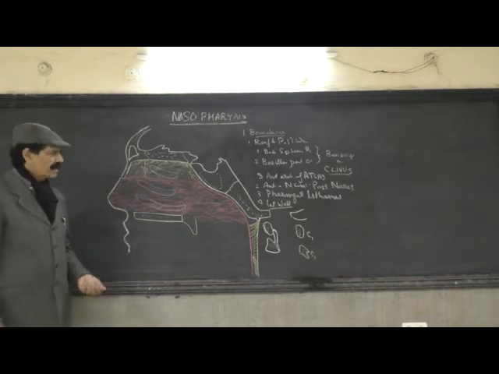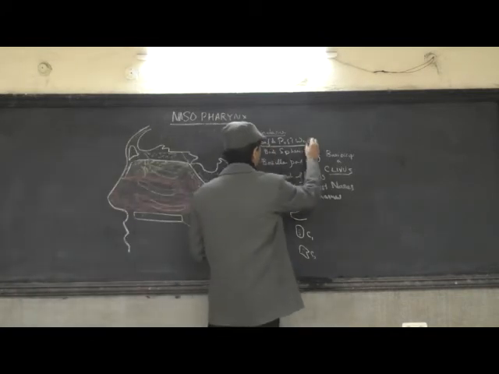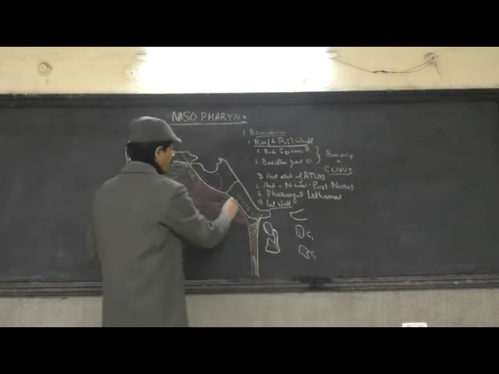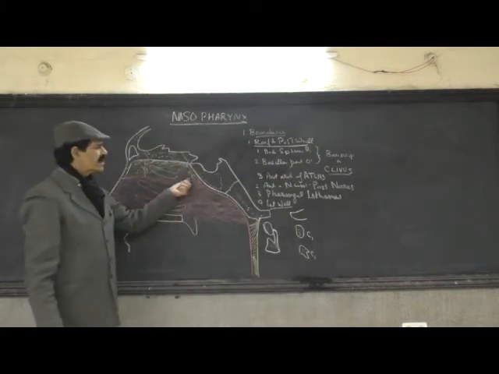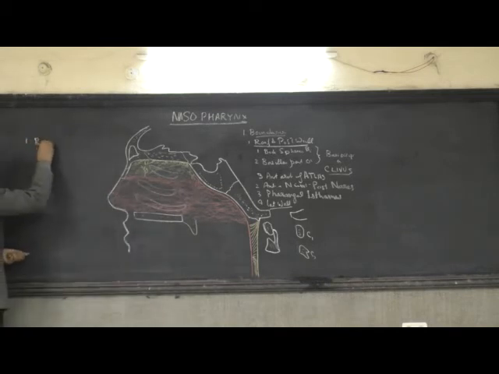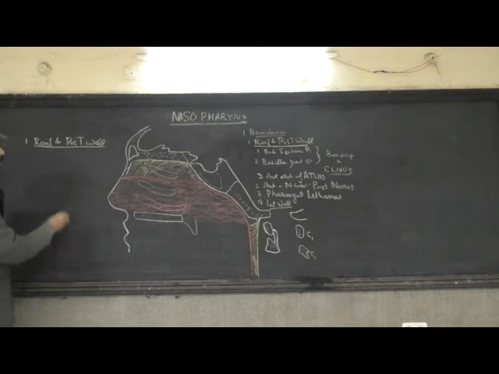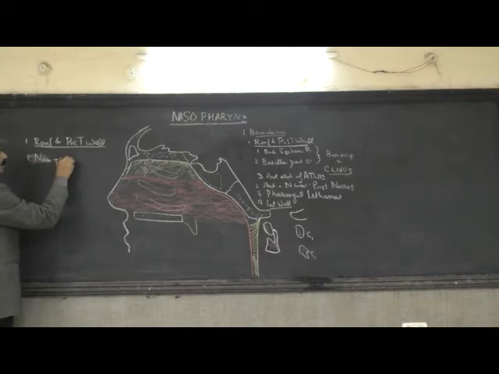Then first we will take the features of the roof and posterior wall of the nasopharynx. What features do we see here? In the roof and the posterior wall, first here lies the nasopharyngeal tonsil.